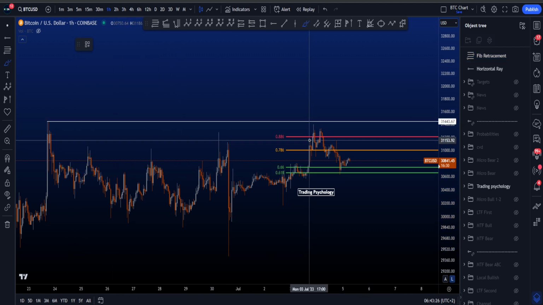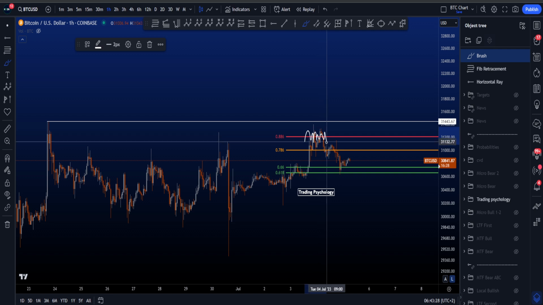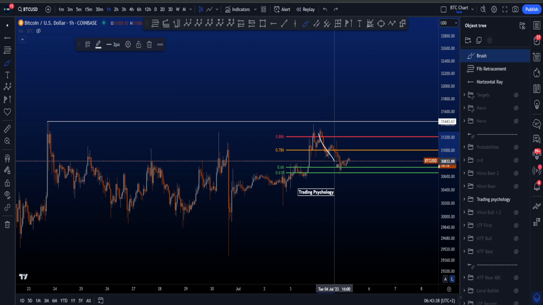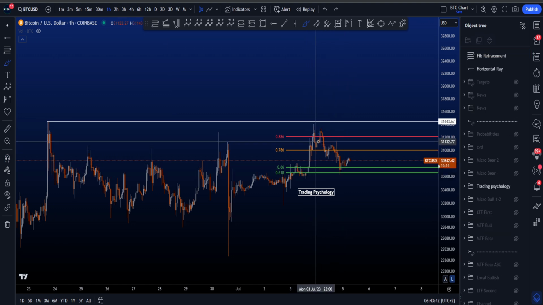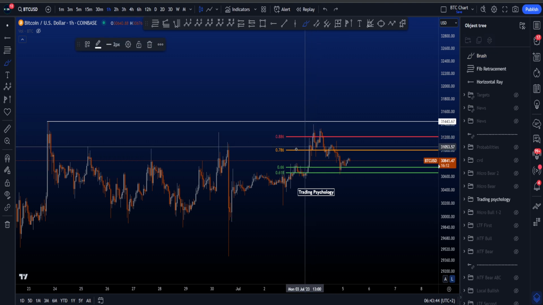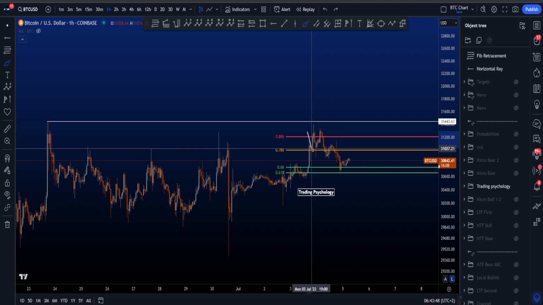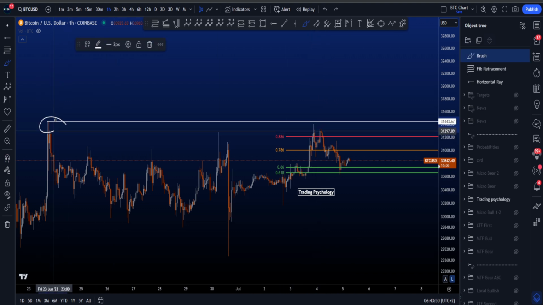The red line over here, you can see price has been ranging around the 886 for a while now. If price is ranging around the 886, probabilities increase a lot for price to take this high. Of course, price is moving down now, backtesting the golden pocket, more about that in a second. But once the 886 has been tested, what you actually want to see is a direct move down. Now we've been ranging here, higher probability to take this high.